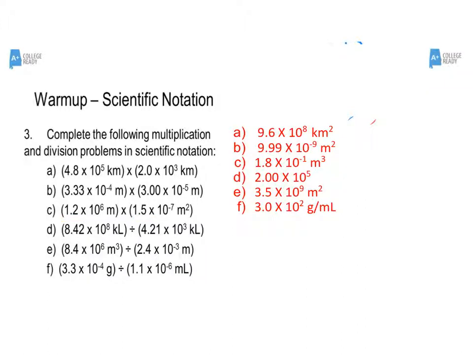All right, so now let's try some division. You want to divide the 4.21 into the 8.42. What we get is 2.00 times 10 to. Now you want to subtract these two exponents. So it's going to be the numerator minus the denominator. That's going to give us 5, and that is the answer.